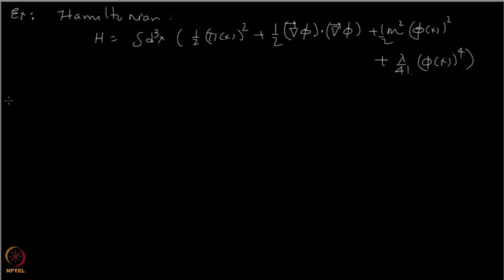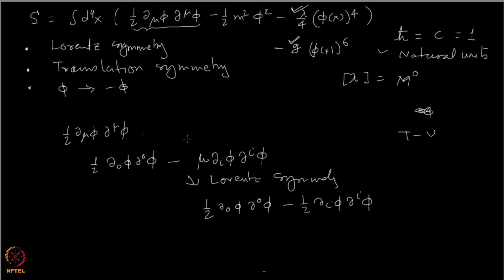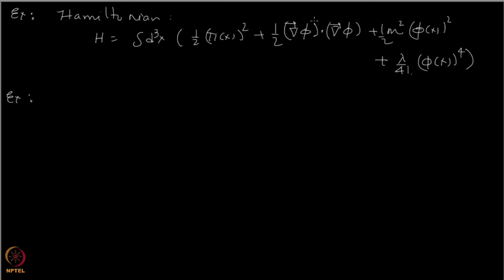Okay, and also another exercise. Find the equation of motion for the theory described by this action. Okay, so using the principle of least action, you find the equation of motion and show that the following equation of motion you get.